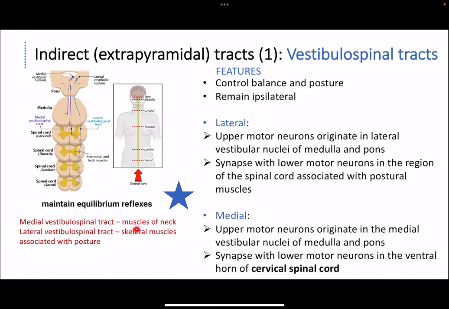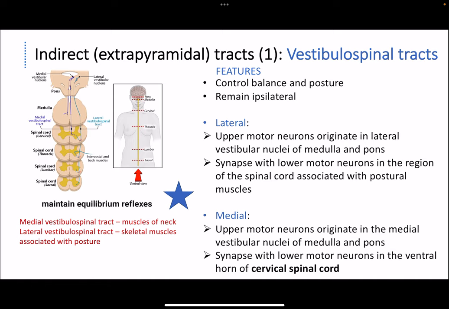And then the medial is perhaps more muscles of the neck, so we're going to the region of the cervical spinal cord, right? The region of the spinal cord that the upper motor neuron goes to will largely determine where the lower motor neurons leave and then what muscles they go to innervate. So usually if you leave in the cervical spinal cord, you're going to muscles in the cervical region, like head and neck muscles.